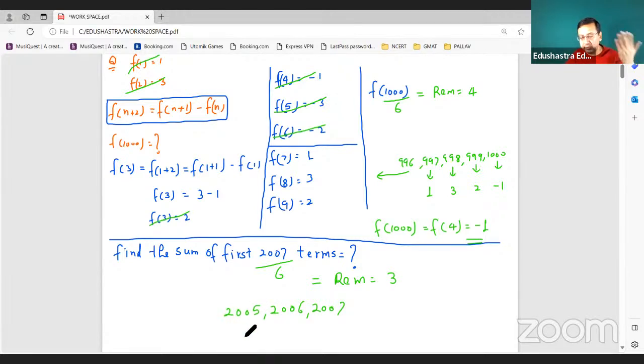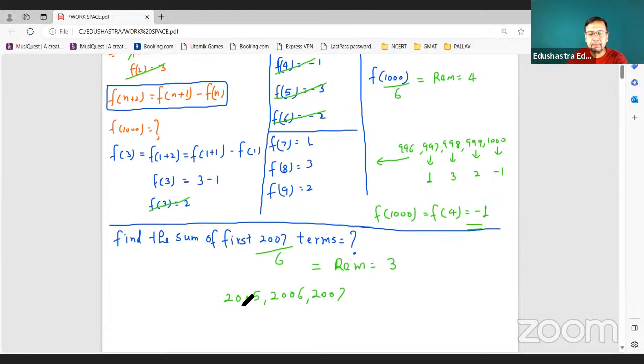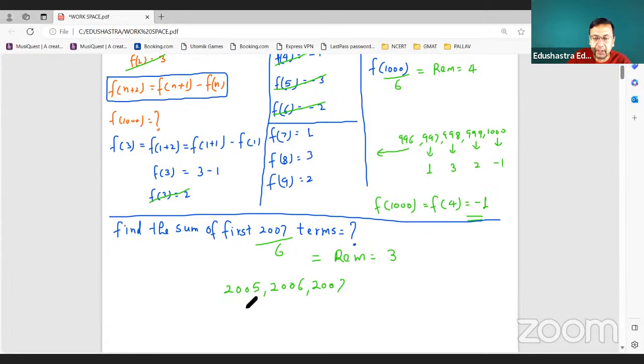The function will repeat. So 2005 will give me a 1, this will give me a 3, and this will give me a 2 as a value. So the summation will come out to be what? That is 6. So the sum of first 2007 terms will come out to be 6.